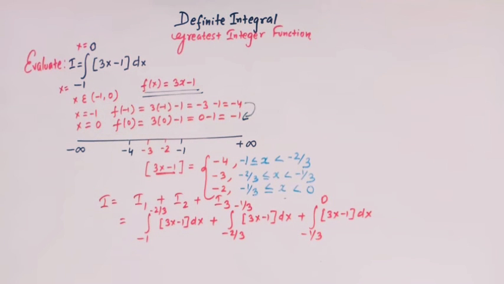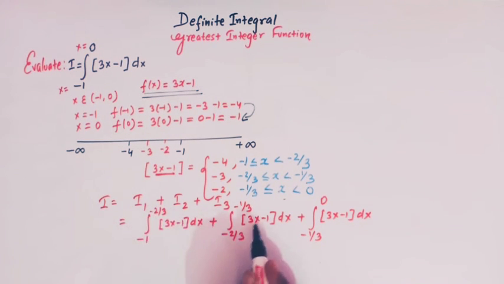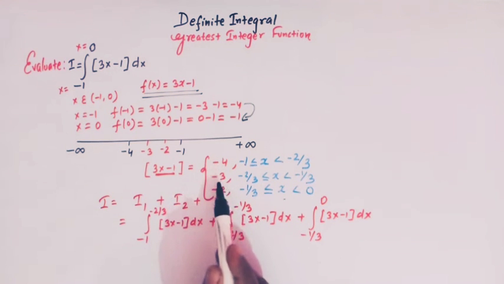Okay, so now we can replace this greatest integer 3x minus 1 in all these three integrals by the values minus 4, minus 3 and minus 2, right?